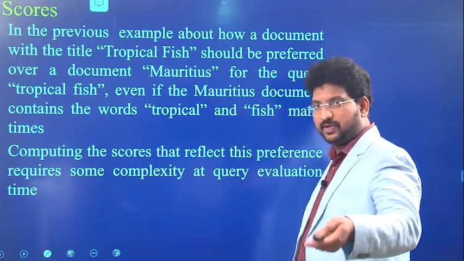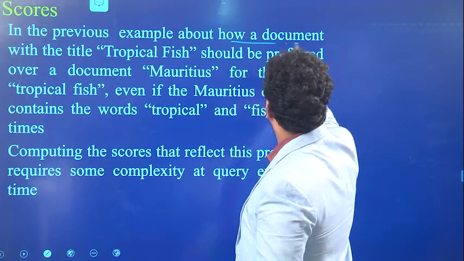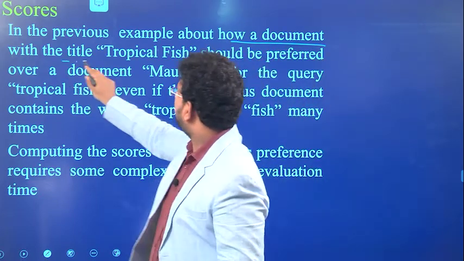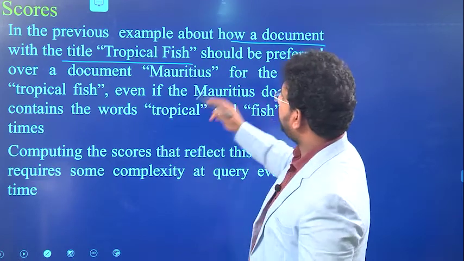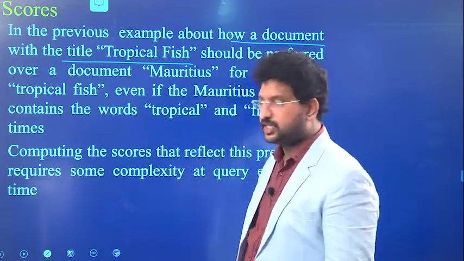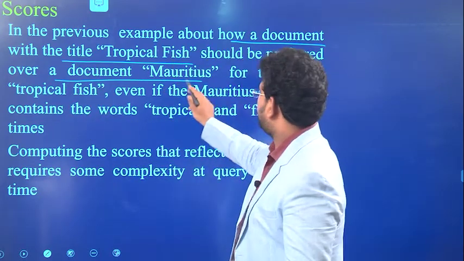In the previous example, we have already seen how a document with the title tropical fish should be preferred over the document Martius.